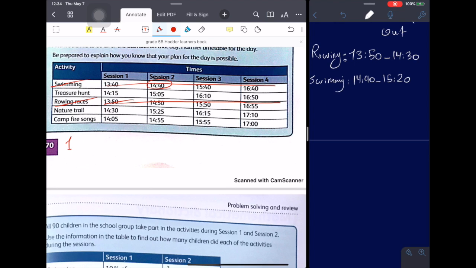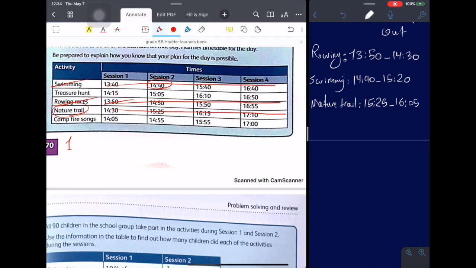By 15:20, she needs to participate in nature trail. So, nature trail by 15:25. After 40 minutes, she's going to end by 16:05, experiencing 3 activities. So this is done.